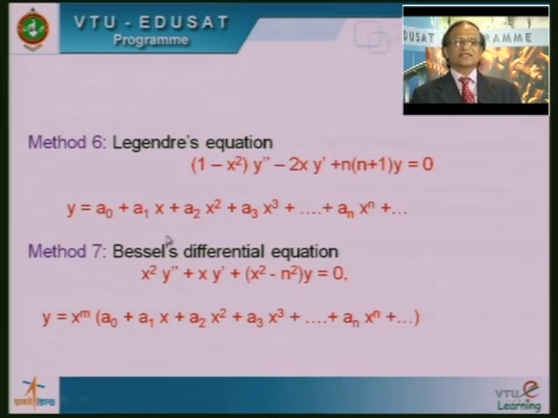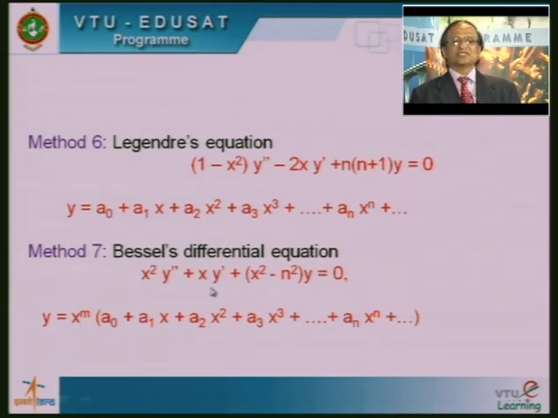Along with these methods, we can solve a linear differential equation with variable coefficients by using one more important method. What is that method? Bessel's method. We call it method number 7, or simply Bessel's differential equation.